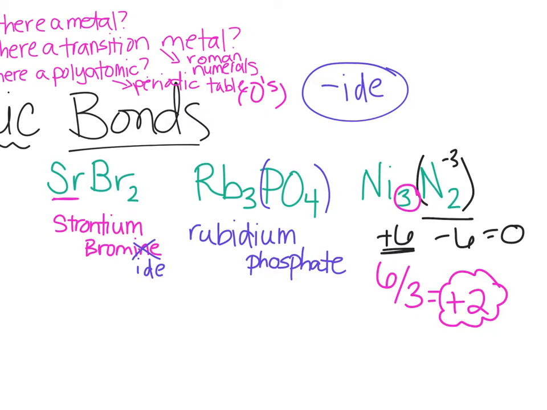Now it's easy. What is it? Nickel. All right, Roman numeral 2. How do we end the last part? This is a tough one. There's a lot of letters here.